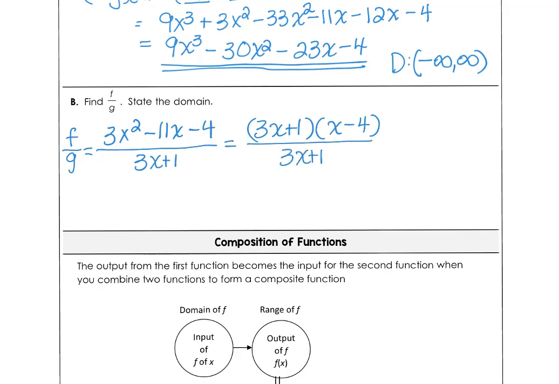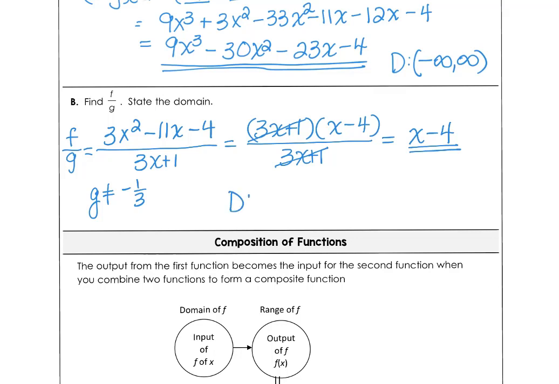So we know that the denominator can't be 0, but the denominator cancels, and we end up with only a line. Now the line is continuous everywhere, but we have this restriction from the very beginning that we can't have negative 1/3 in our domain for g.